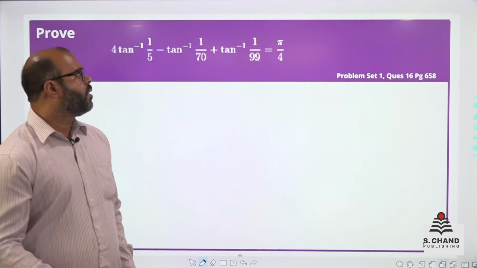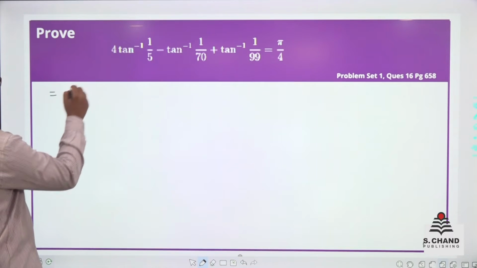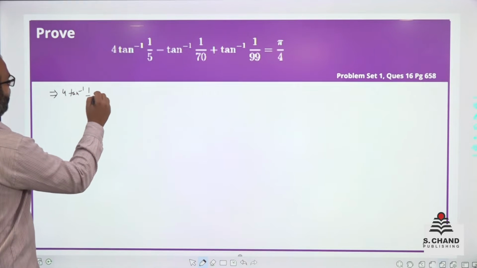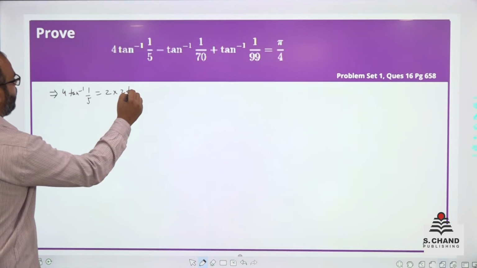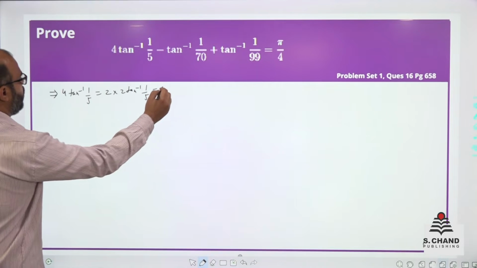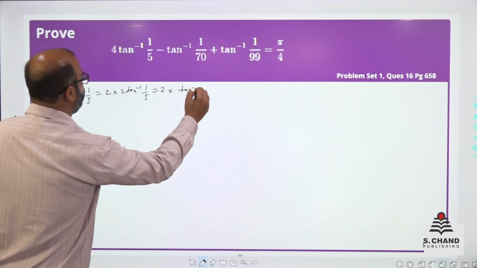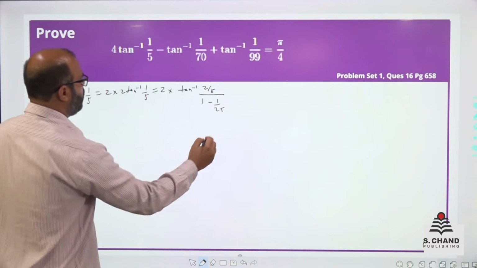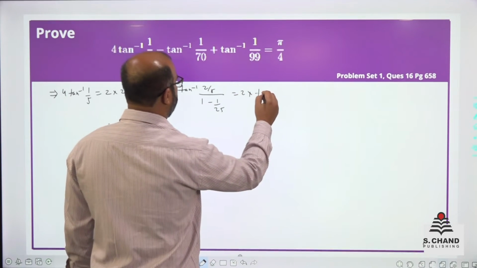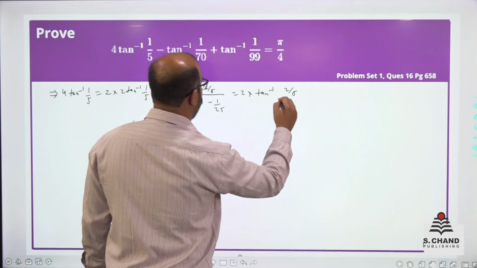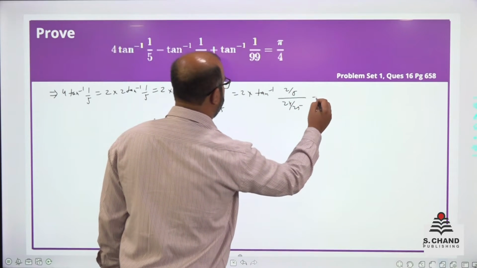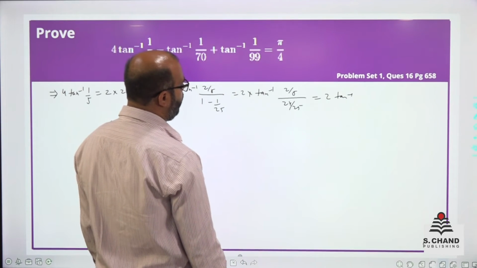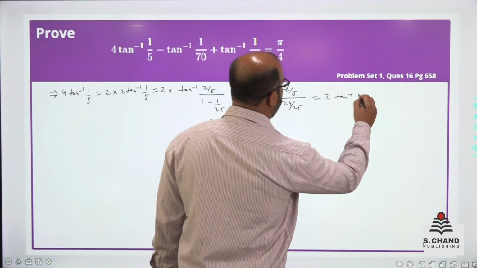So this 4 tan inverse 1 by 5 is actually 2 times of 2 tan inverse 1 by 5, which will become 2 into tan inverse 2 by 5 by 1 minus 1 by 25. So this will become 2 into tan inverse 2 by 5 by 24 by 25, which is 2 tan inverse 5 upon 12.